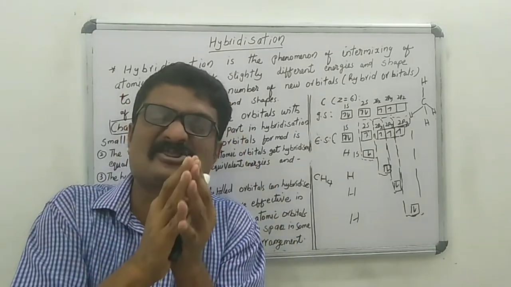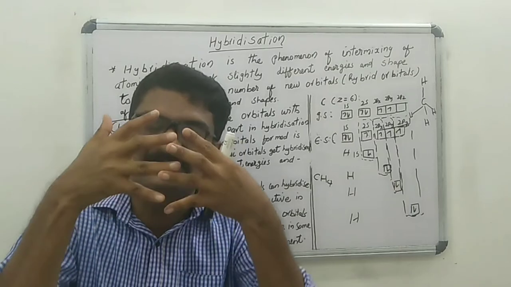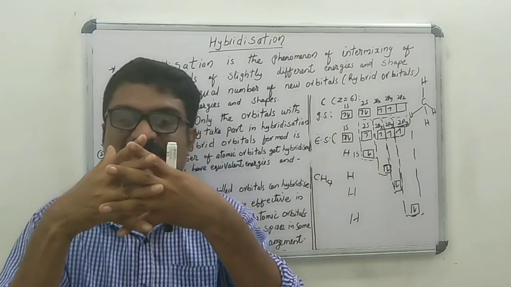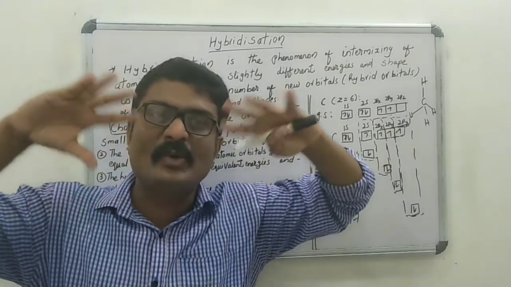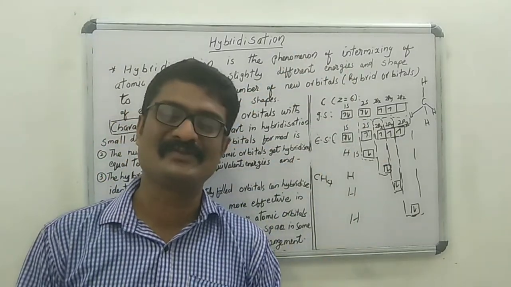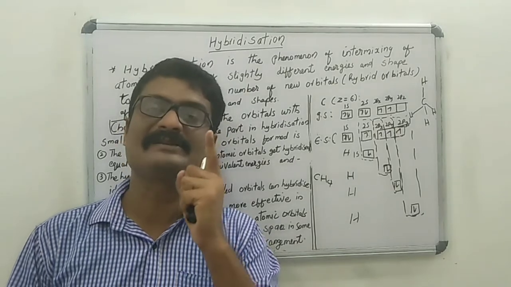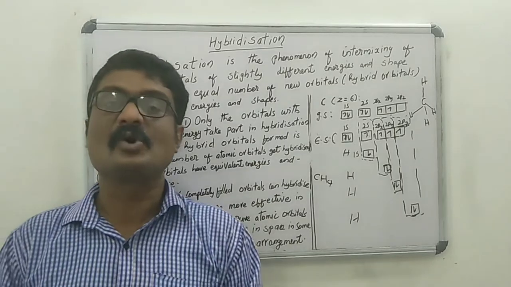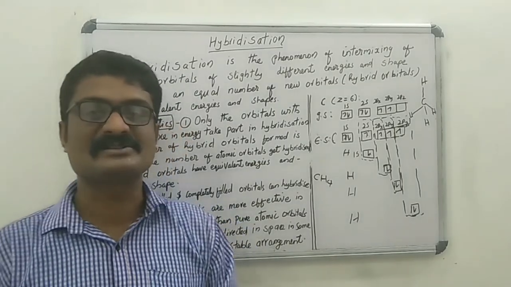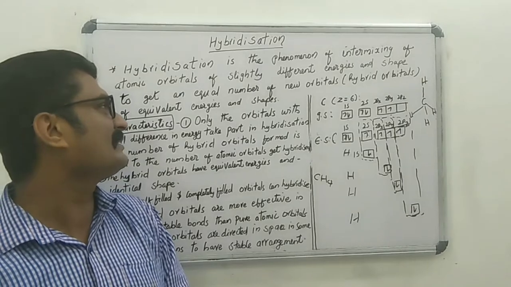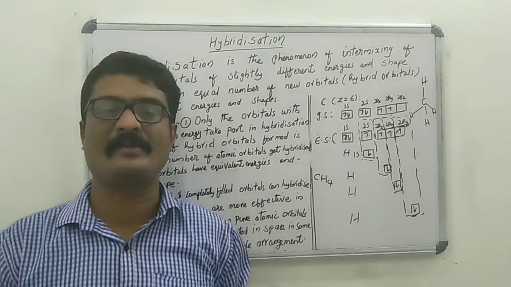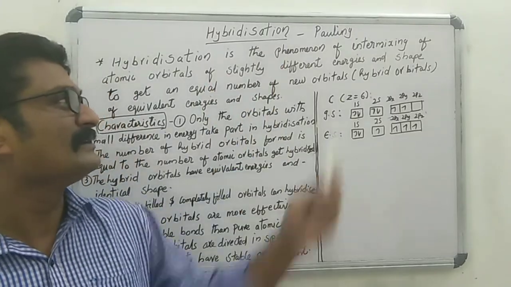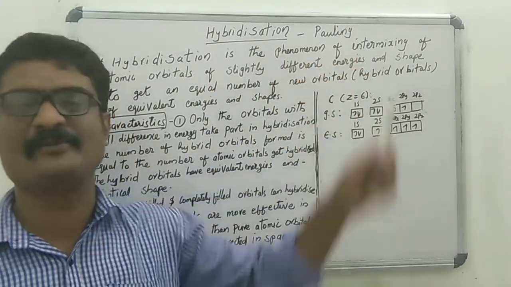Due to the process of hybridization, an equal number of new orbitals called hybrid orbitals, having equivalent energies and shapes, are formed. The concept of hybridization was introduced by the famous scientist Linus Pauling.